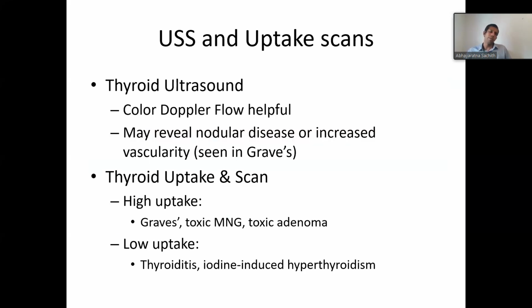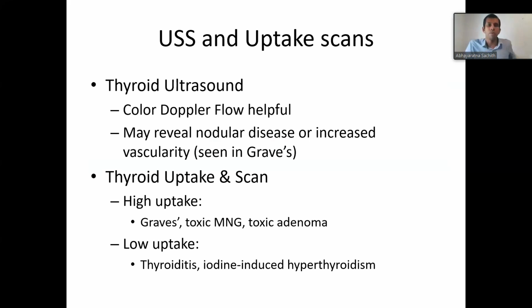The thyroid function test will tell you what the situation is. They'll confirm your clinical suspicion, and then you can do a thyroid ultrasound scan. And optionally, you can do thyroid uptake scans.